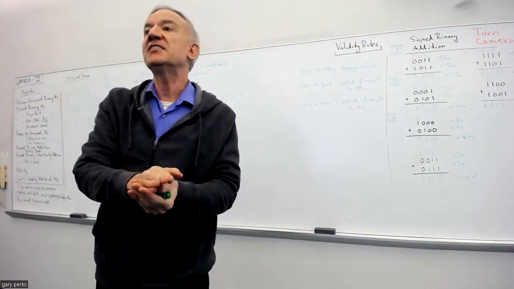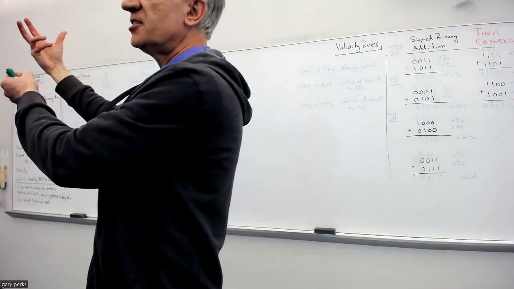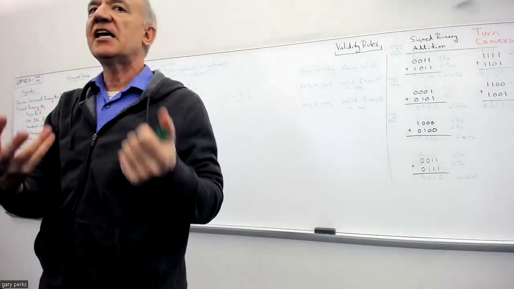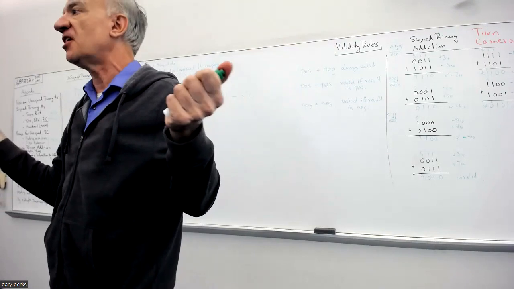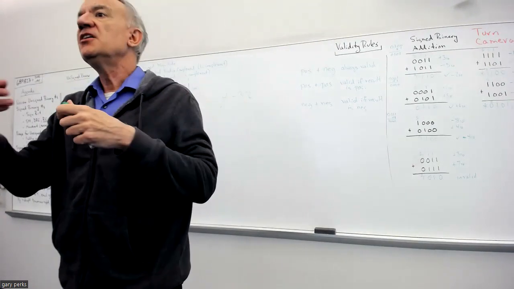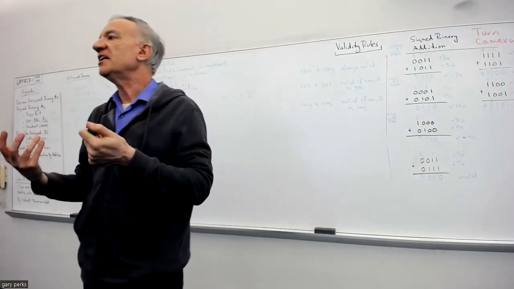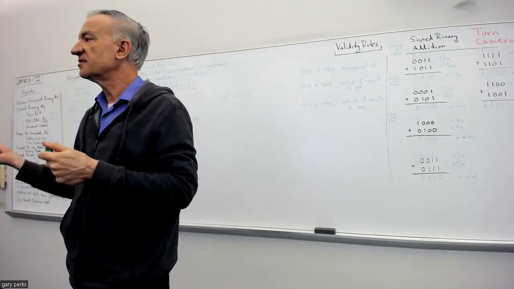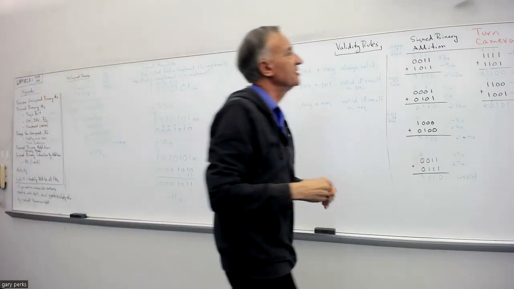If you did straight subtraction, like you took the rules of subtraction and put them into a truth table or a K-map, you would come up with a different logic circuit. You'd have different hardware. So you're reusing hardware you already have by doing subtraction by addition. That's the big advantage.